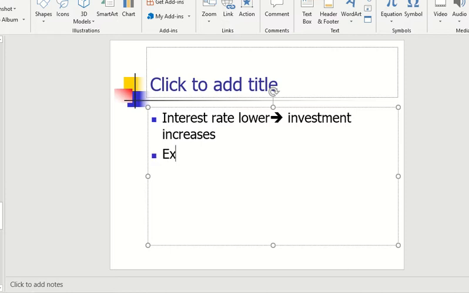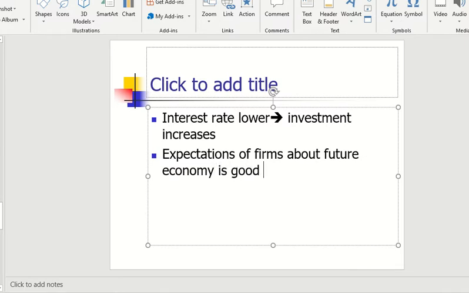Okay? So here, if expectations of firms about the future economy are good, or you can say upbeat, or optimistic, we are likely to see an increase in investment.